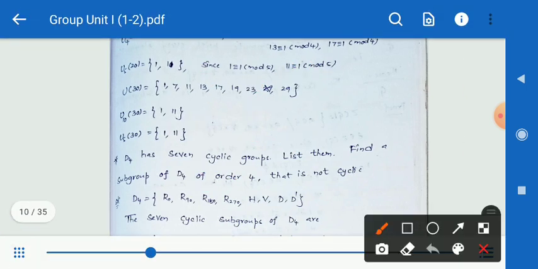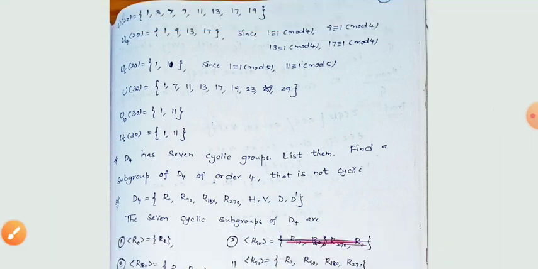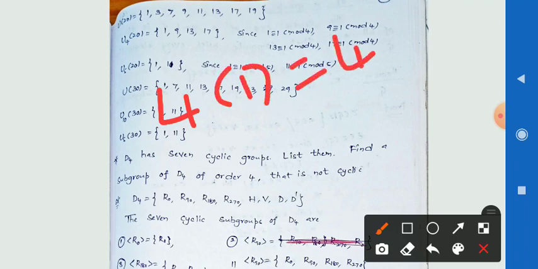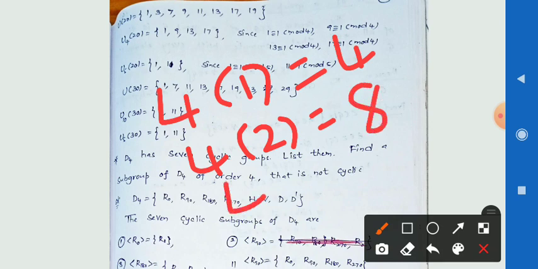Like this: 4 into 1 is 4, 4 into 2 is 8, 4 into 3 is 12. The remainder must be 1 when dividing by 4.